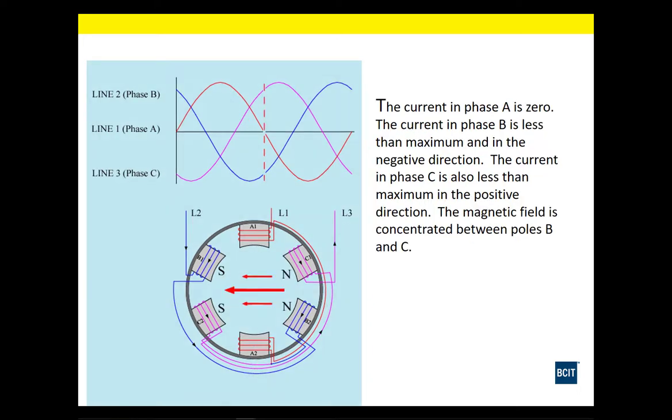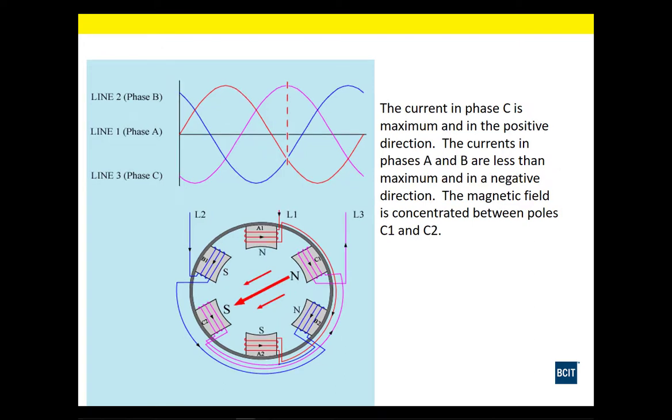And then in the next increment in time, we have A phase crossing 0, so it's going to have no north or south, and the poles have shifted. In the next increment, C phase is peaking in the positive, with a negative B and A phase.